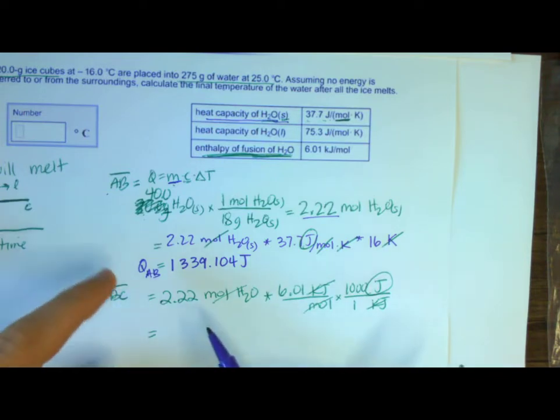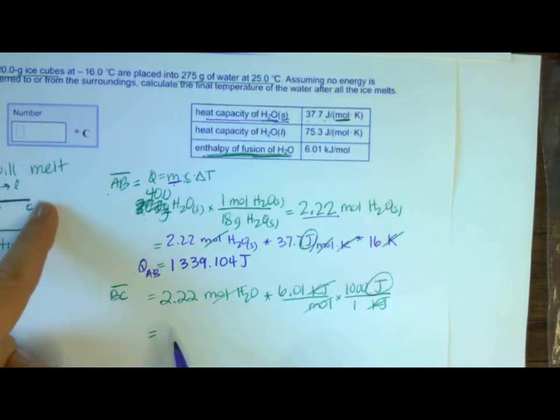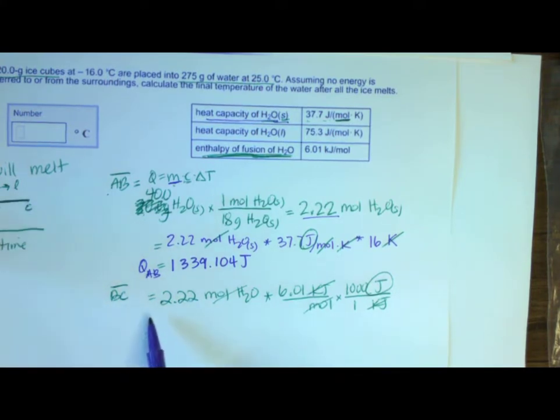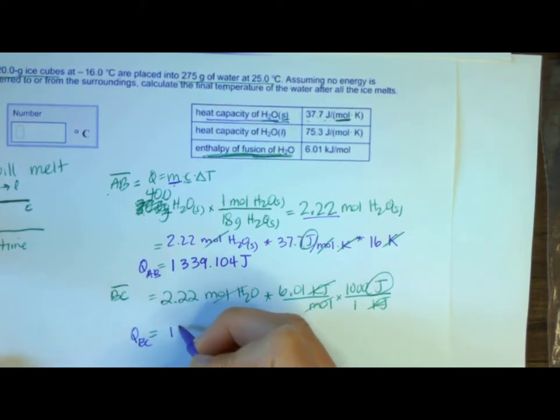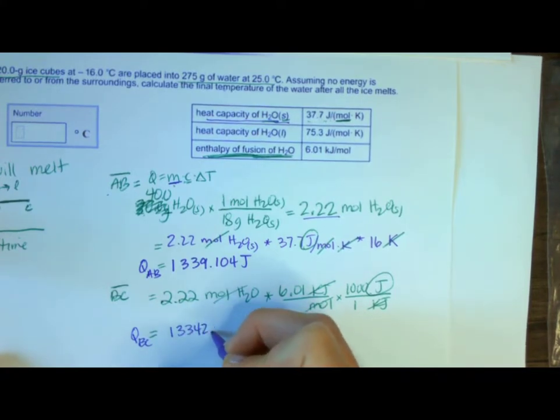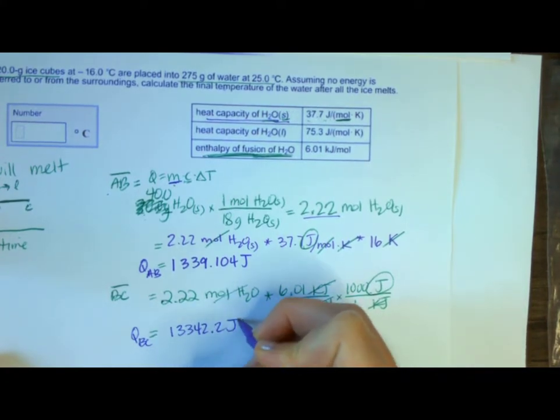That'll tell me how much energy is required to melt my ice all the way to here. So 2.22 times 6.01 times 1,000 should give me, so this is my Q for BC, that should give me 133,422 joules.